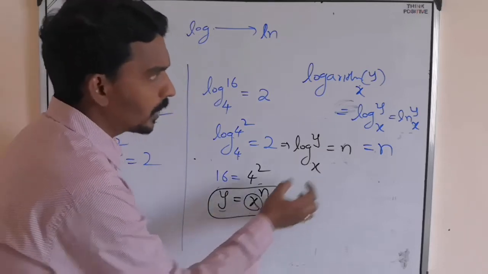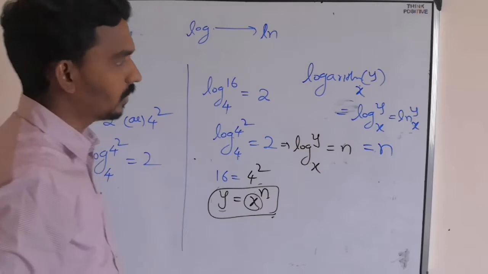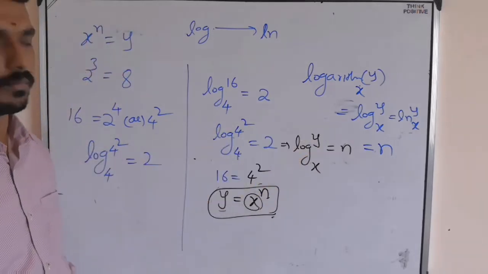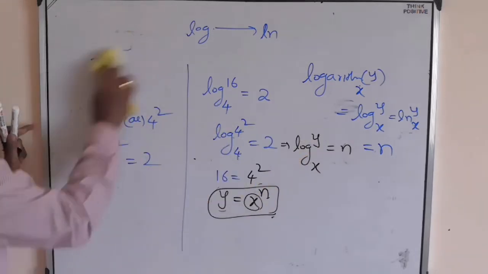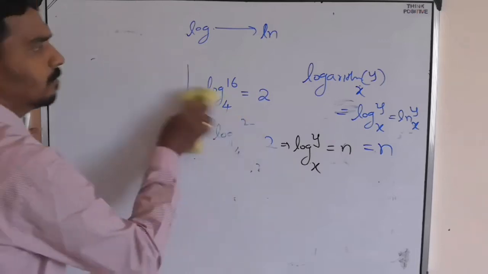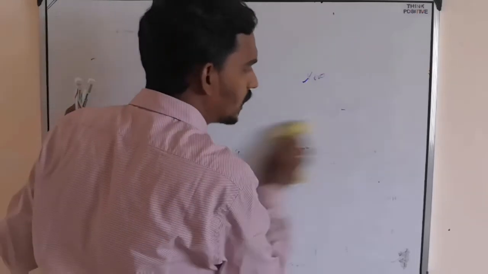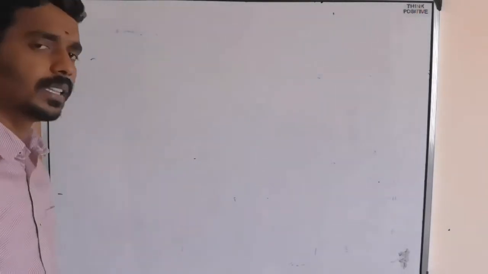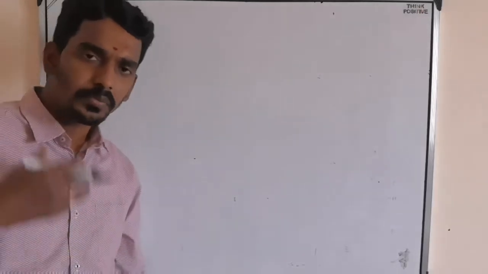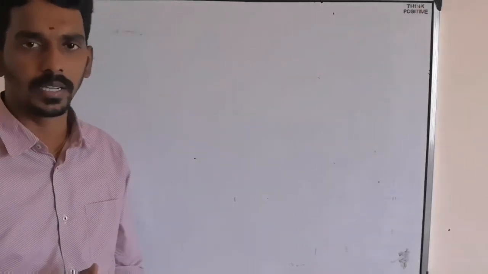To remove the exponent, they made one function that is called logarithm. But these things you will study in mathematics. Here in physics, we don't require the history behind the logarithm. Just for the understanding I have given the explanation.